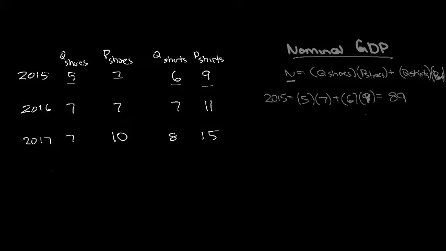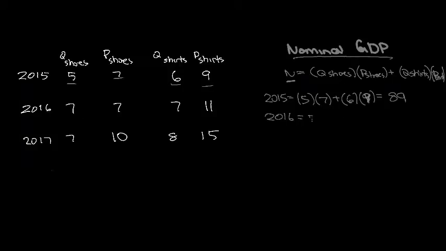Now this nominal GDP could be because of either prices or because of shoes. And you'll find that the increase in nominal GDP could be because of either one when we consider the nominal GDP for 2016. Plug it into the equation again.